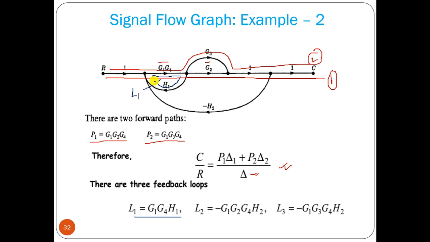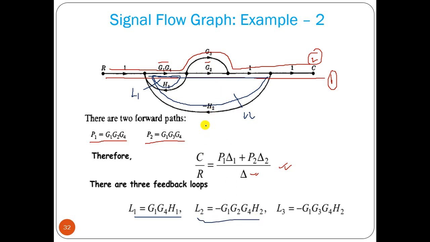What is the gain? G1 G4 into H1. Then we have another loop, starting from this node, going up to this one, and coming back here. That is loop 2. Now, what is the gain of loop 2? G1 G4 G2 into minus H2.